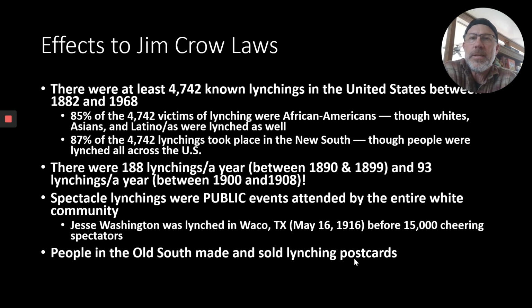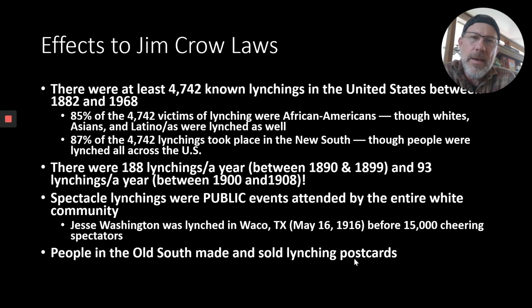There were at least 4,742 known lynchings. Now, lynchings were done on black, white, Mexican, Chinese. You saw those across the board, but predominantly lynchings were done by whites on blacks, primarily in the South.